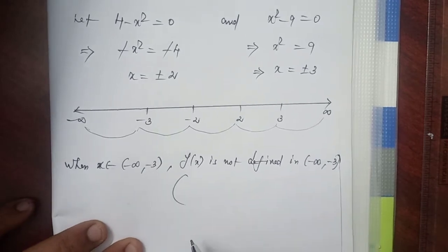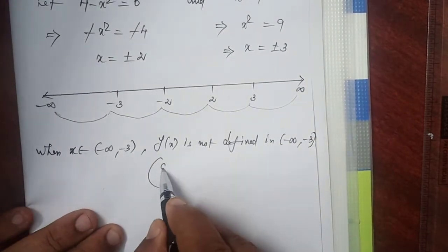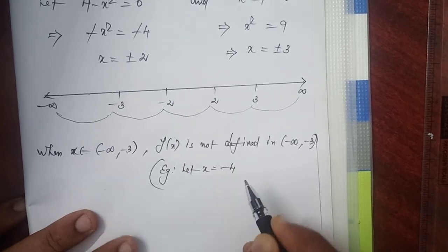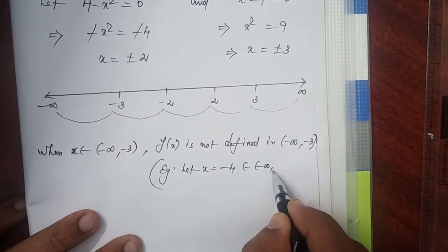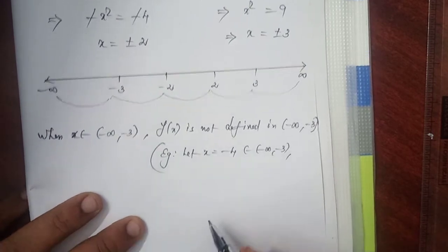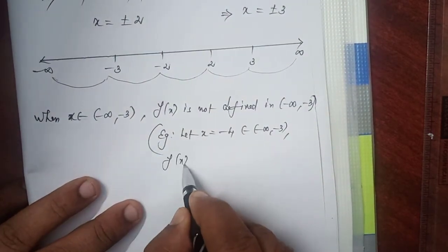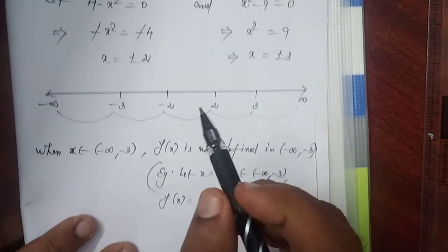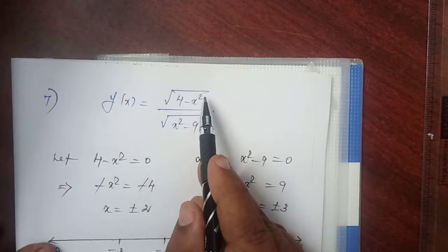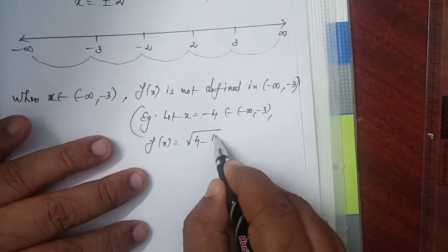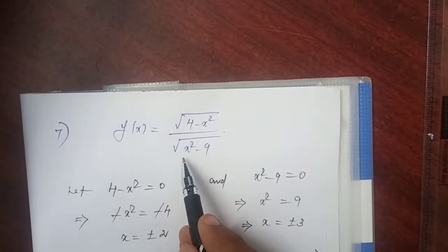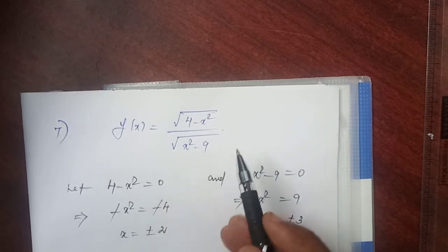For your reference, I give an example over here. Let x equal minus 4, which belongs to the interval minus infinity comma minus 3. f of x equals square root of 4 minus 16, divided by the square root of 16 minus 9.